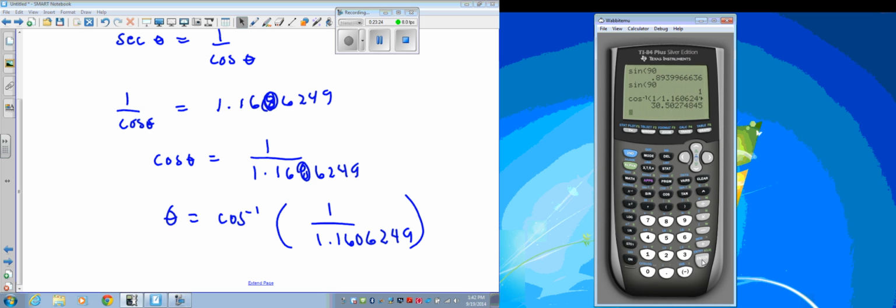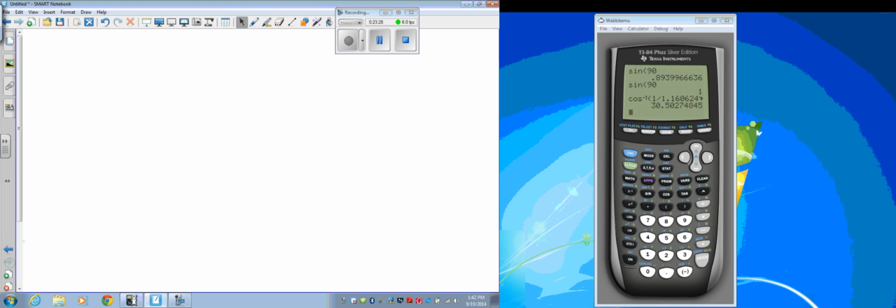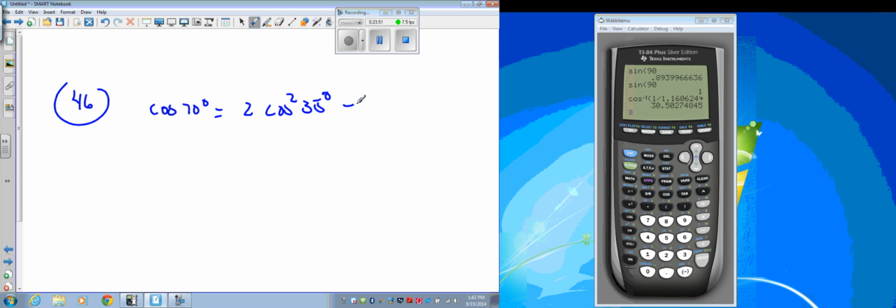So if we go to 46, cosine 70 degrees equals 2 cosine squared 35 degrees minus 1.